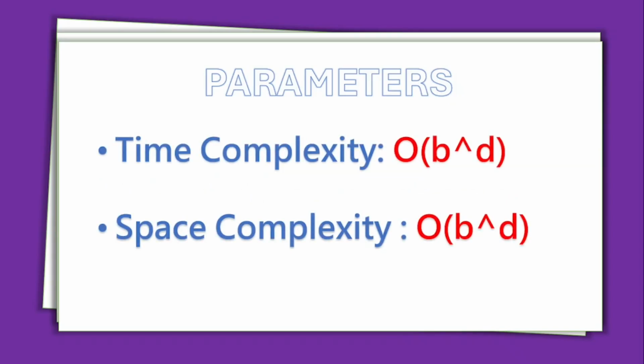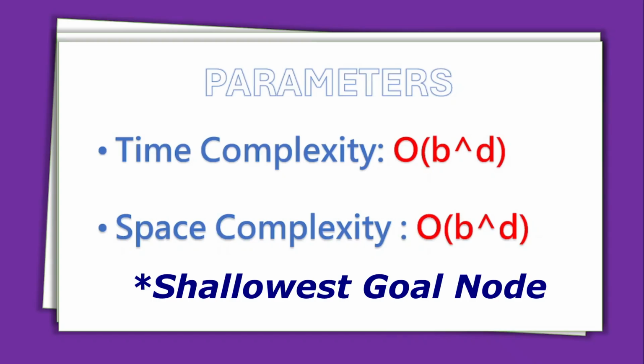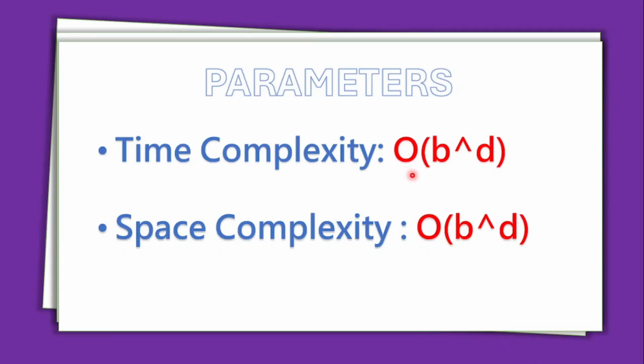Here, time complexity can be understood as the number of nodes explored before reaching the goal node. So that's why the worst case time complexity of BFS is b raised to the power d, where b is the average branching factor and d is the depth of the shallowest goal node, right?